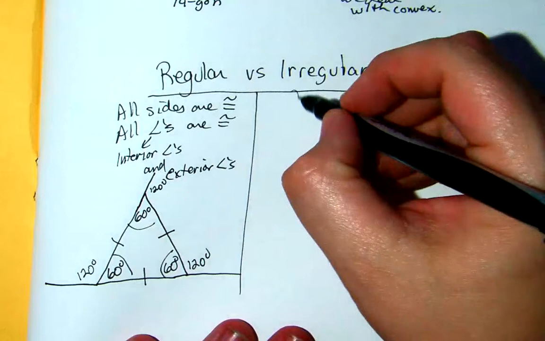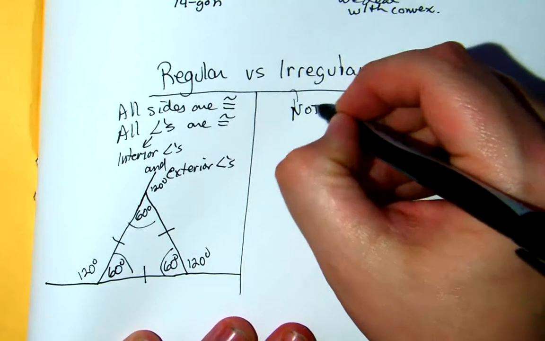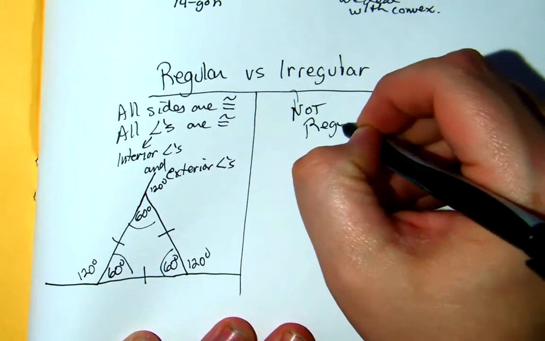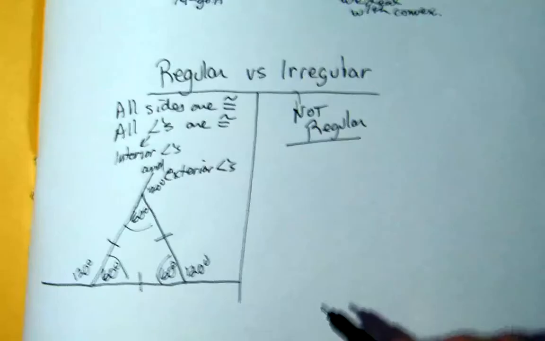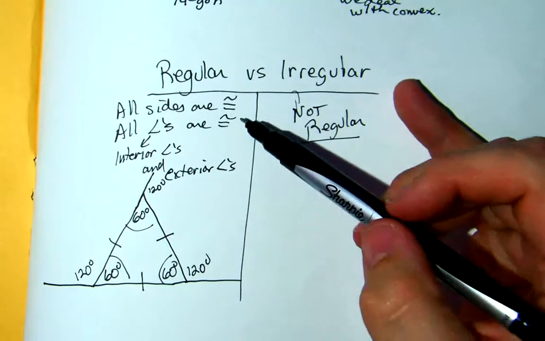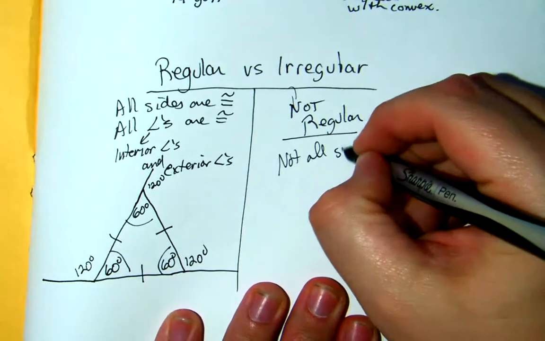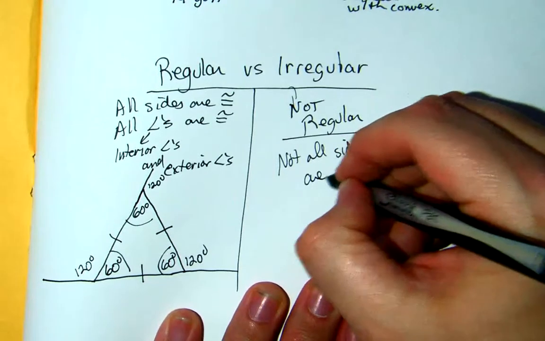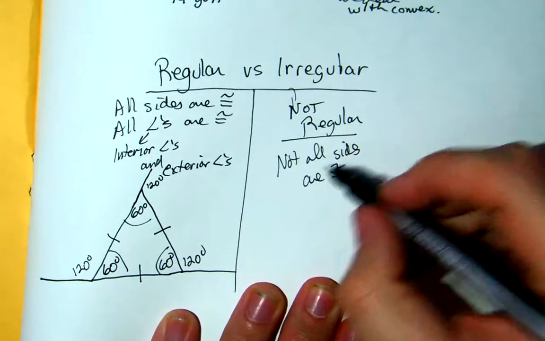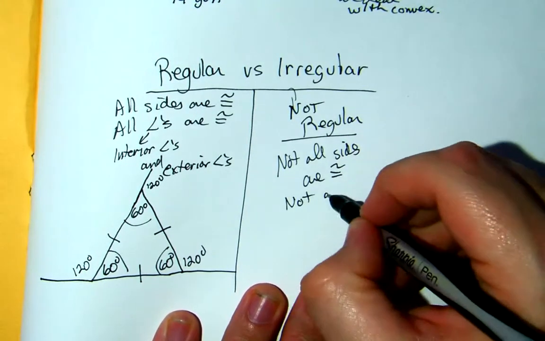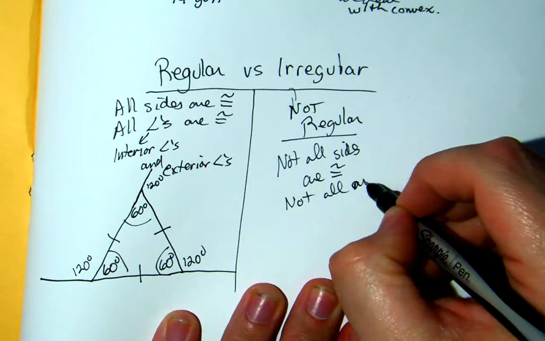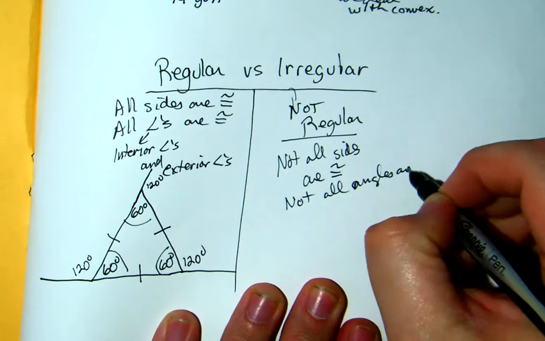Irregular polygons, they're not regular. Which means not all sides are congruent. Not all angles are congruent.